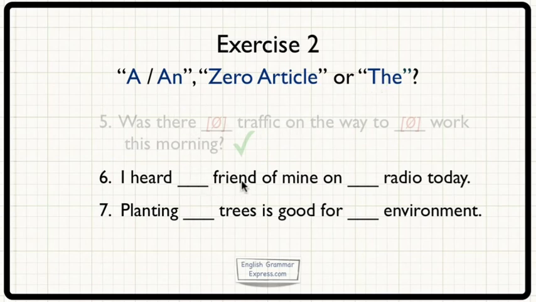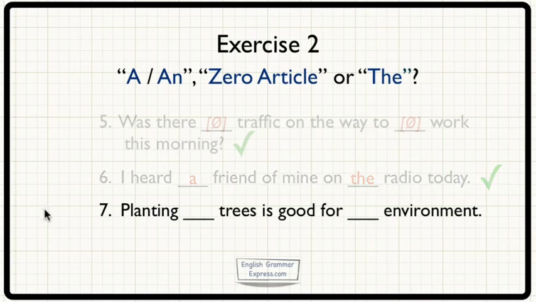Well, here we've got friend of mine, so it's general, in which case we would use a friend of mine on something radio today. The next word we want to check is radio. Now, as you might remember, radio is one of those media, like the television, the newspaper and the internet, which takes the. So the full sentence is, I heard a friend of mine on the radio today.